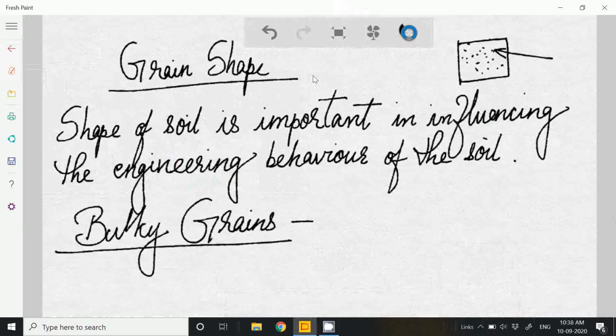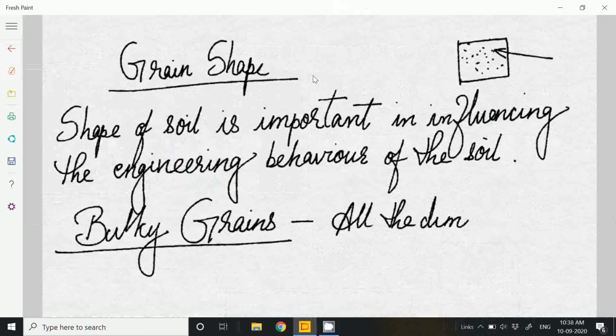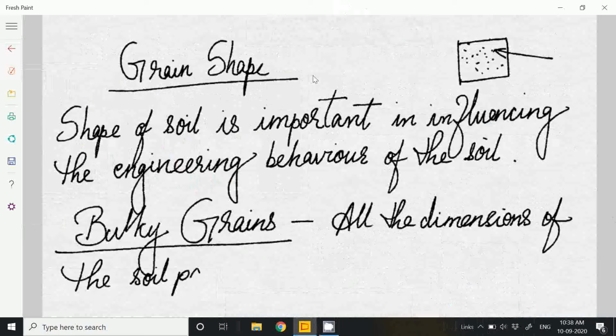So bulky grains are the soil grains where all the dimensions of the soil particles are more or less the same.